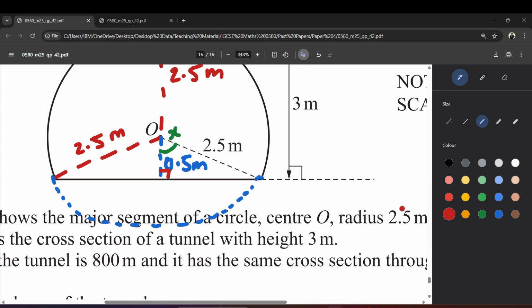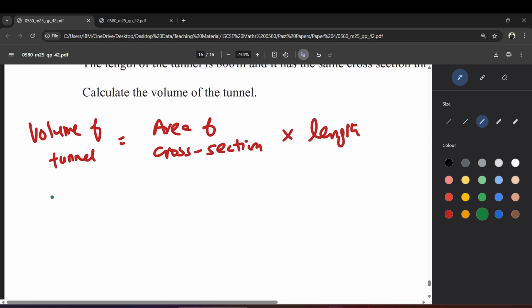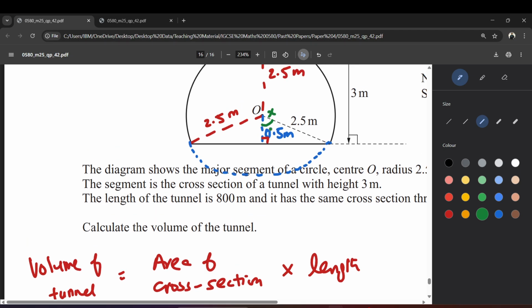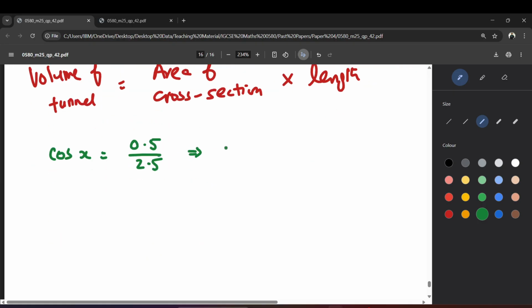Okay, so we can say cos x is equal to adjacent upon hypotenuse. So adjacent will be 0.5 and hypotenuse is going to be 2.5. So 0.5 over 2.5, x is equal to cos inverse 0.5 over 2.5.